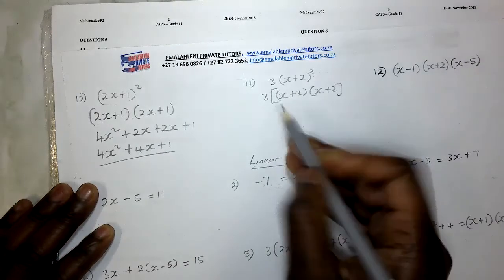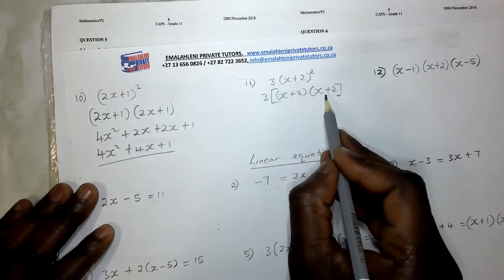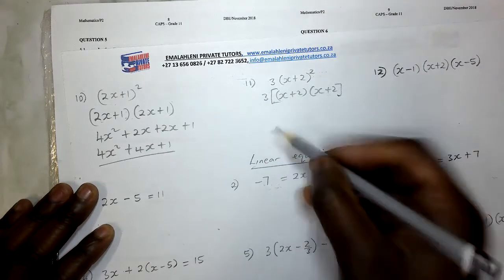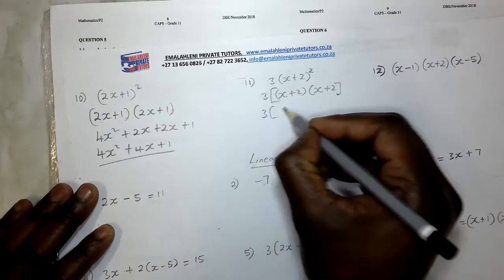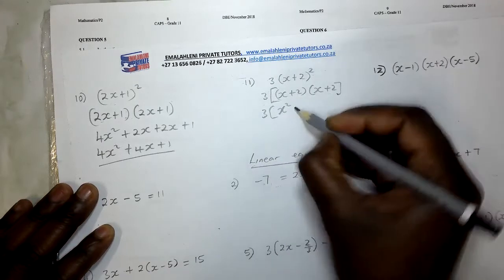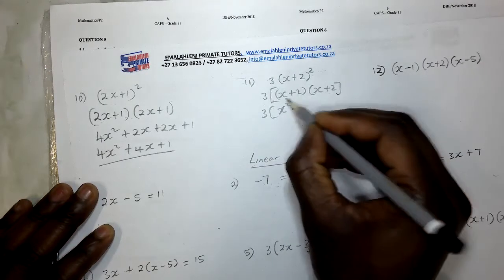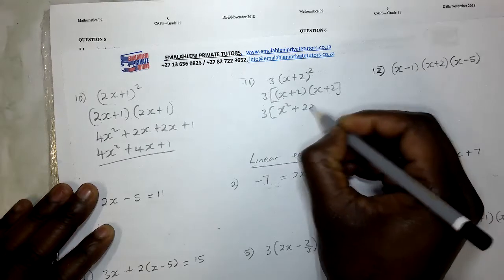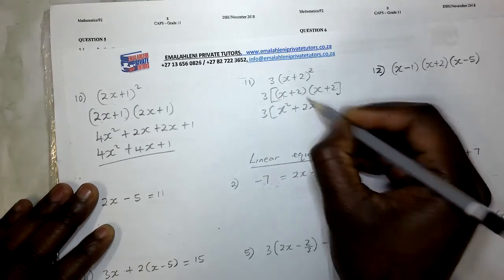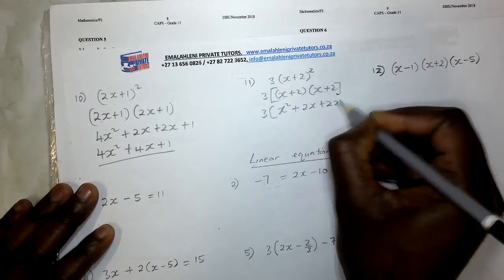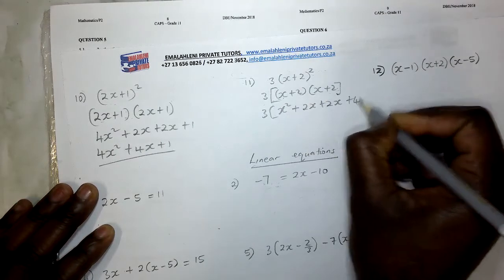Okay, then in this case now, you know that your 3, we want to take it in after you simplify this. Then you have got 3 outside: x squared plus x times 2, 2x, plus 2 times this plus 2x, 2 times 2 plus 4.